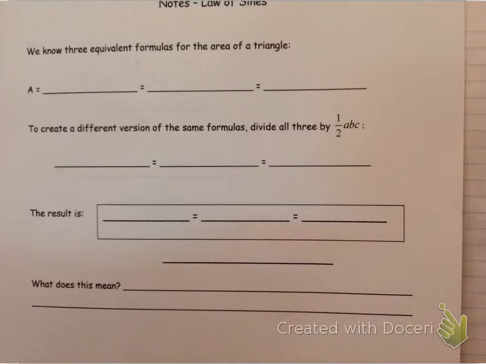So all you need to derive the law of sines is your area formulas. And remember that your area formulas just had three different versions. 1/2 AB sine C, and the other two versions were the same thing, it just would depend on which sides and which angle you knew.